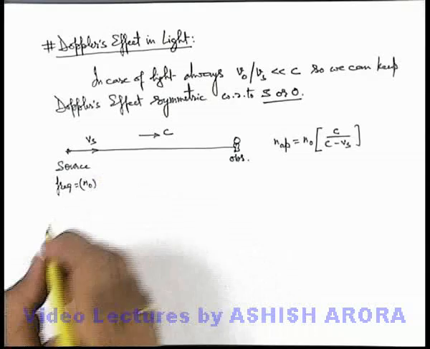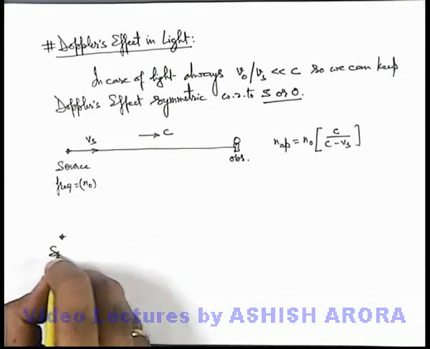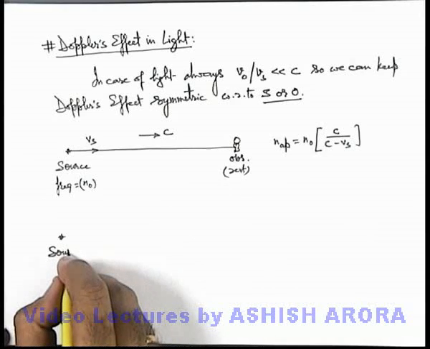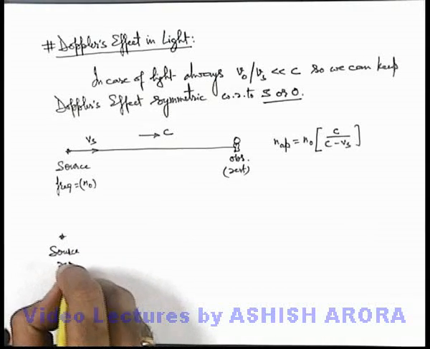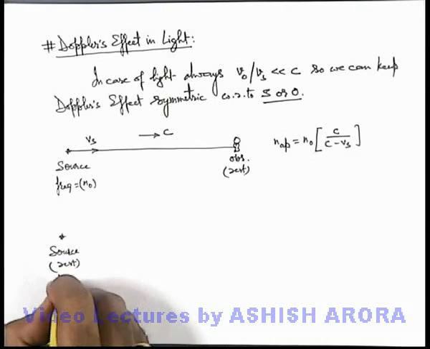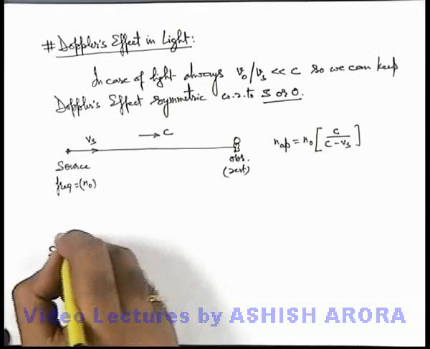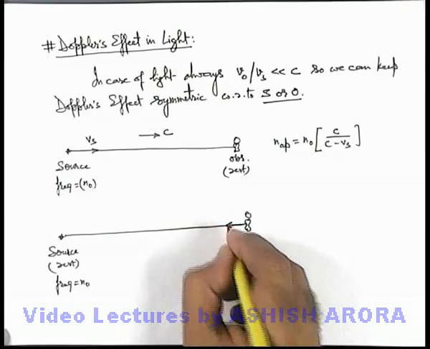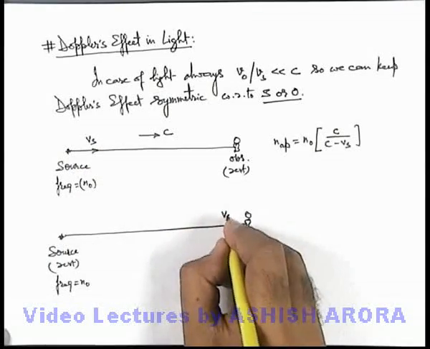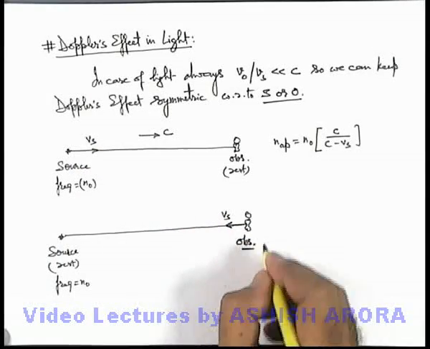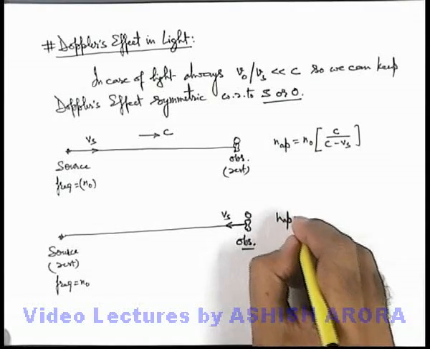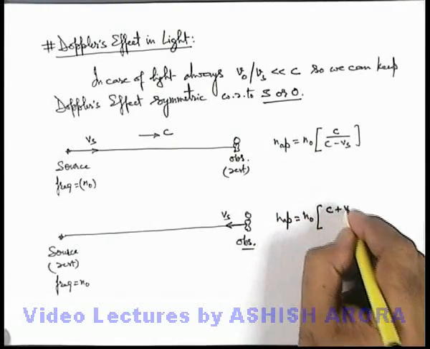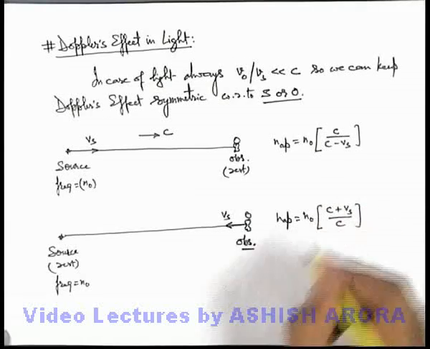Now in this situation, say we consider the source to be at rest. The source is emitting frequency n0, and at some distance the observer is moving towards the source with the same speed Vs. Now the apparent frequency will be n0 times c plus Vs by c.